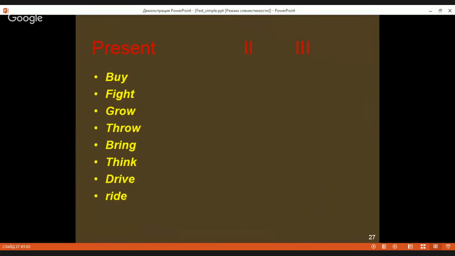So let's have a look at those pairs of verbs. Buy, fight, grow, throw, bring, think, drive, ride. It's very nice to group the irregular verbs according to their sound, and it's much easier to remember them because they sound a little bit like a poem.